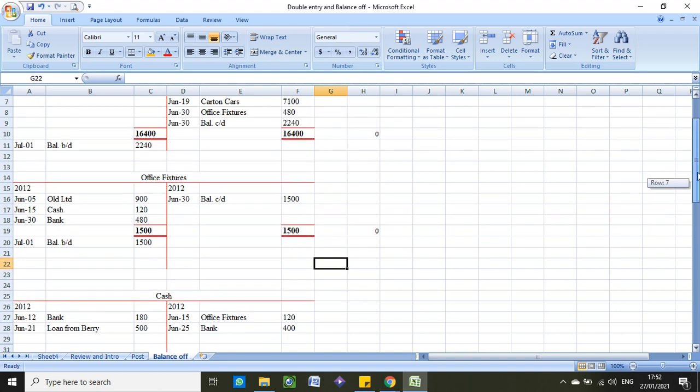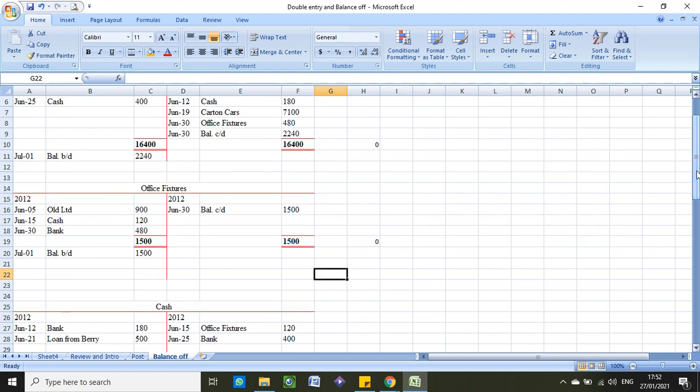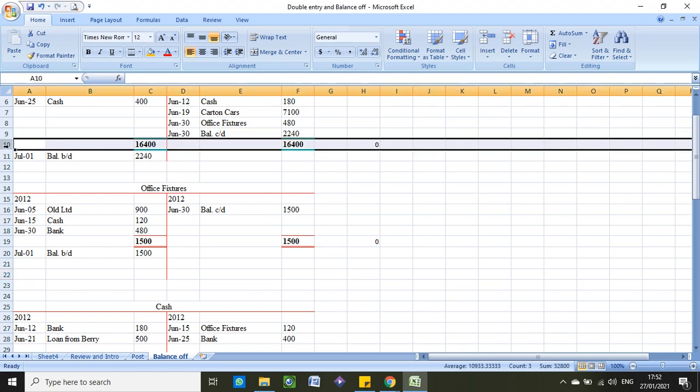Before I proceed to cash, something that I forgot to tell you, the idea of the single and the double lines and the number that you see in bold there is to get it on the same row. So the single line should be on the same row all the time. The totals that you see in bold should be the same.